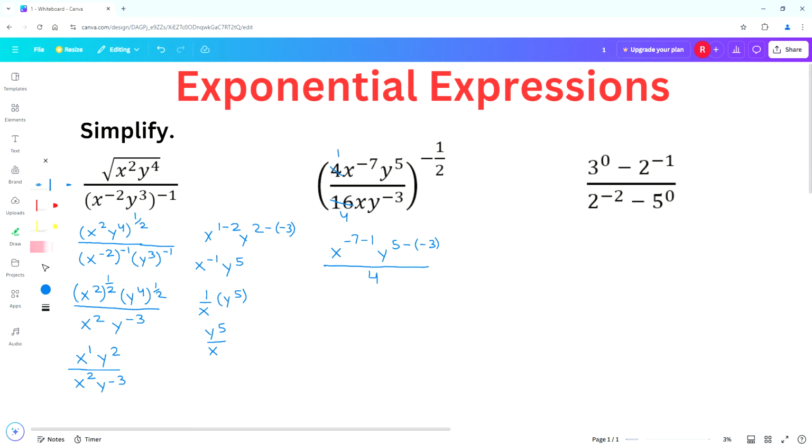We can ignore the 1 at the front in the numerator because multiplication by 1 won't change anything. We can make the exponent on x positive by moving x to the denominator with 4.